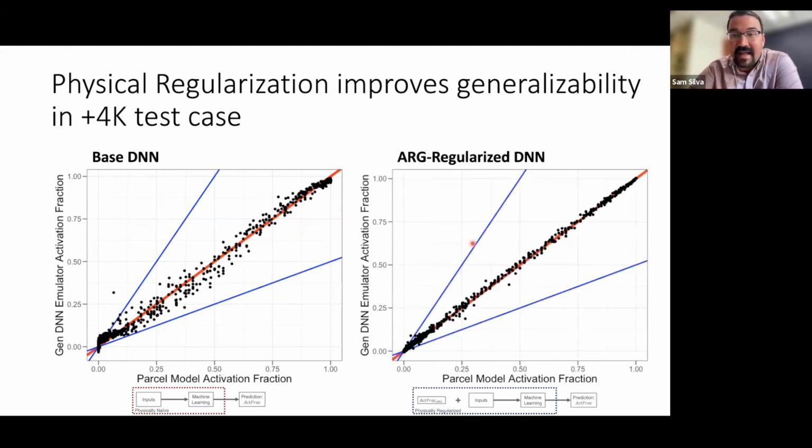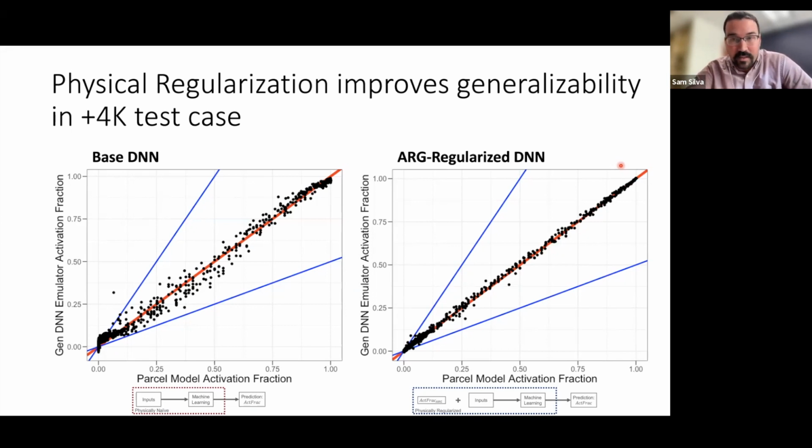Again, fairly good, but adding this physical information gets you much closer to that 1-to-1 line. This helps lend confidence that if we were to use this online in an Earth system model for extrapolation as opposed to interpolation, we would likely have more confidence in the model that includes some of this physical information under the hood.